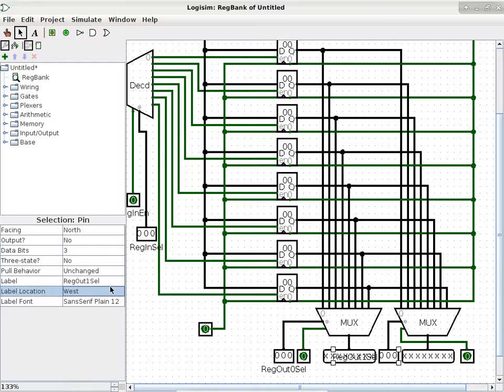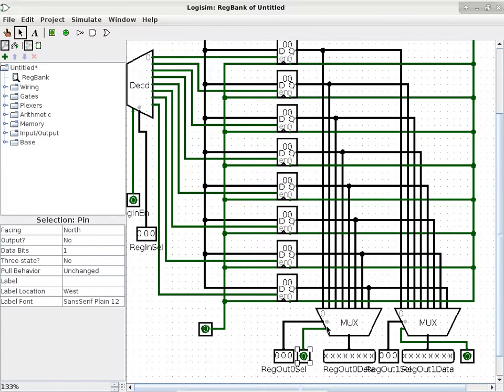Okay, and forgot to specify south. There we go. This would be register out 0 data. And this would be register out 1 data.